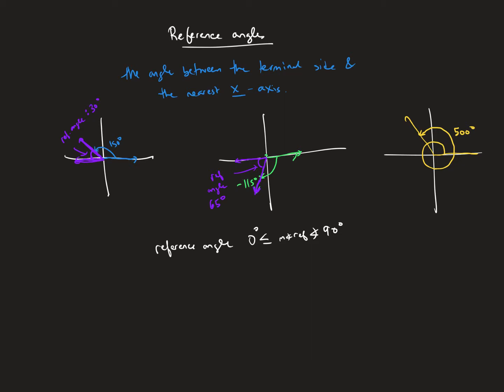You're going to see why when we start using the reference angles a little bit later on. So really, reference angles are the angle between the terminal side and the nearest x-axis, regardless of direction you move to get there.